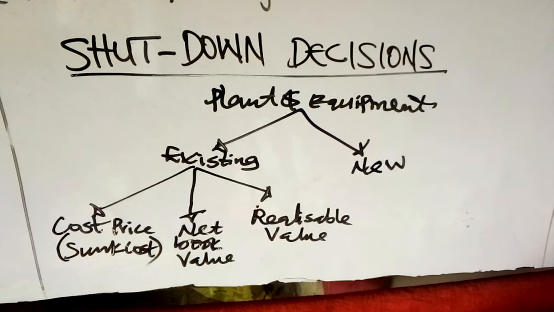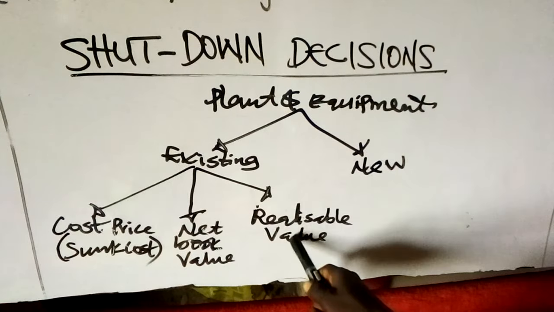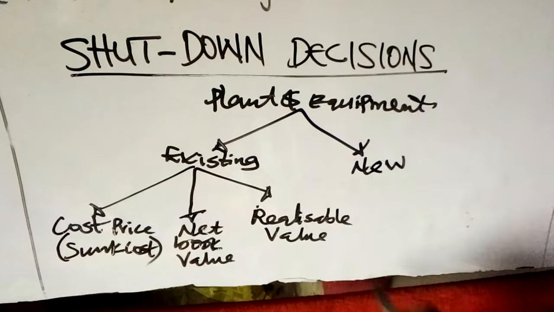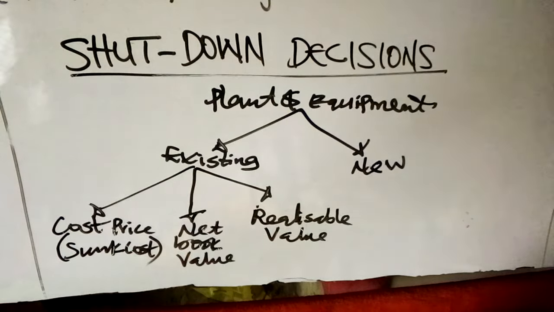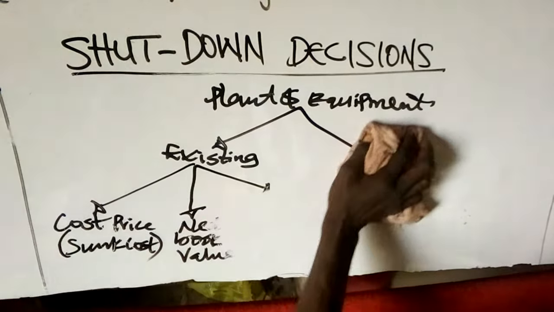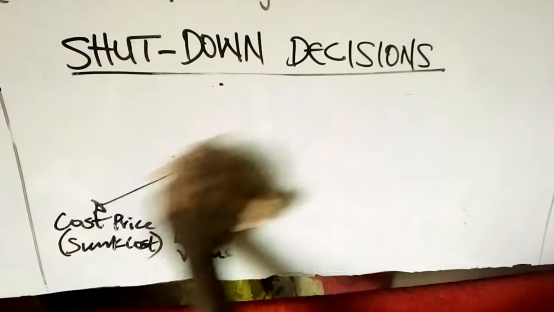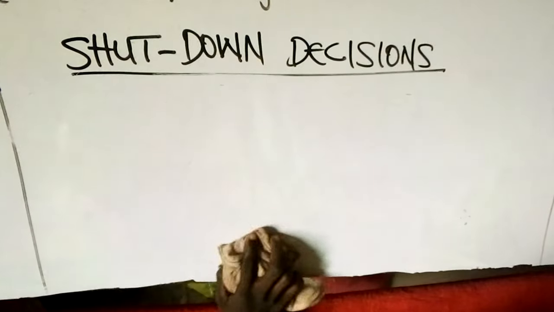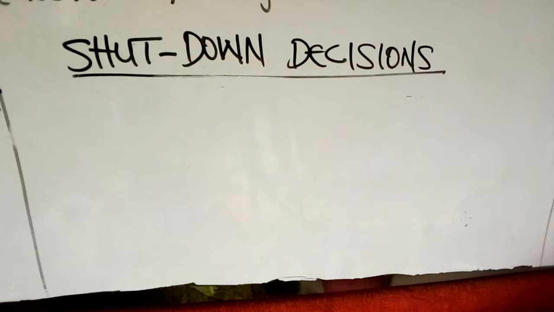The realizable value of the asset is the opportunity cost of undertaking the project. Therefore, you are going to treat it as opportunity cost. Remember, I told you earlier that opportunity cost is a relevant cost in decision making. So it's relevant. So you are going to treat it as opportunity cost, which will be relevant for the decision. So that is for plant and equipment.